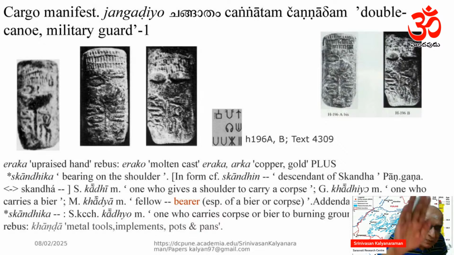So the man is having an upraised hand, raka. Karaka means molten cast. Arka means copper and gold. So the copper and gold worker is carrying this standard device. He's carrying it on his shoulder. Kandaka, skanda, shoulder.